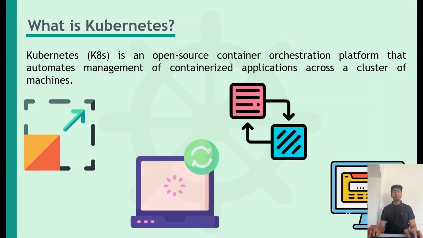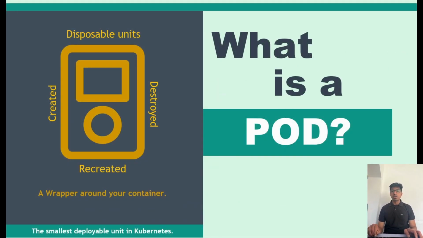Before we understand the complete architecture of Kubernetes, it's very important to understand the basic component of Kubernetes, that is a pod. Now, what is a pod? A pod is an abstraction layer over your containers. It is a wrapper around your containers. Instead of running containers directly like we used to do in Docker, we run them inside these pods now.